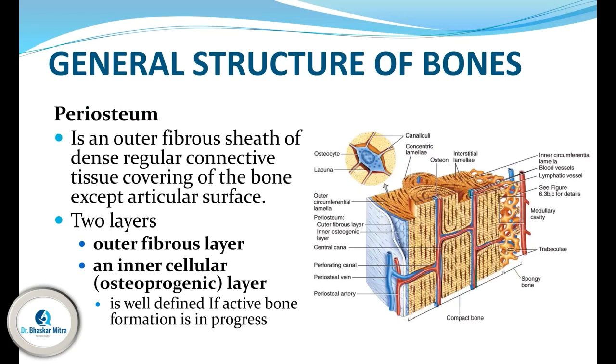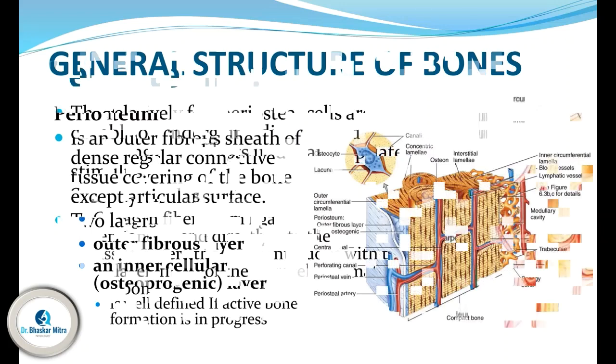The inner part of this is constituted by the inner cellular layer. These cells are osteoprogenic cells. These may give rise to bone and the covering material. So these are the osteoprogenic cells. These are more well defined and more developed in the progressive or growing stage.